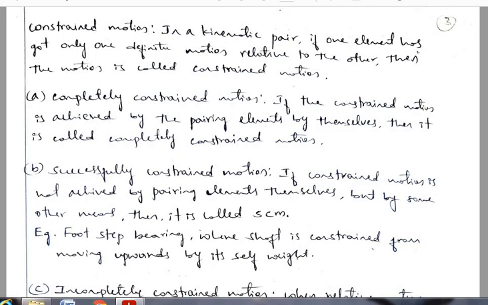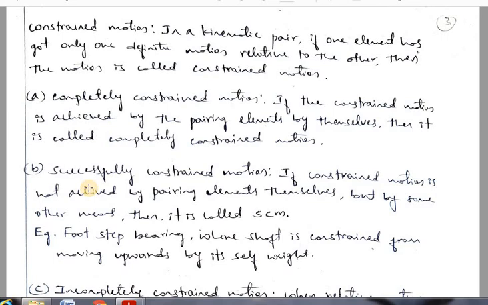This constrained motion again we can classify. The first one is completely constrained motion. If the constrained motion is achieved by pairing the elements by themselves, then it is called completely constrained motion.